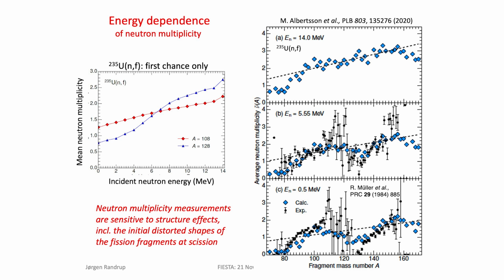So the way these neutron multiplicities increase is also reflective of the level structure, therefore the shape of the fragment at scission, right? So this is also something that can be easily measured. The bottom line here is that the neutron multiplicity measurements are sensitive to structure effects, including those associated with the distorted shapes of the fission fragments at scission.